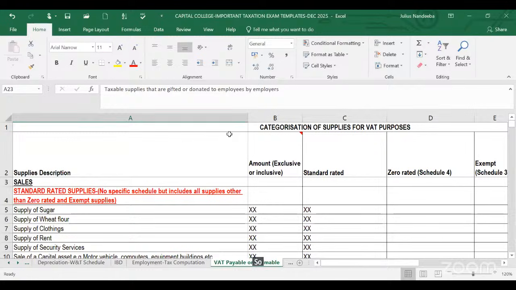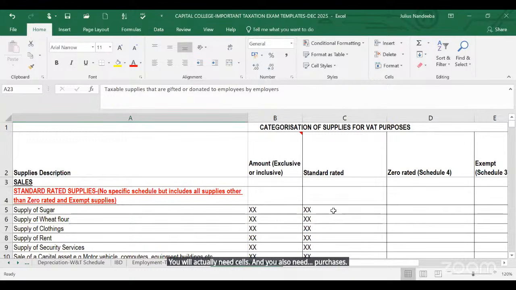So VAT, again, it is cutting across both paper 17 and paper 11. Now for VAT, you actually need 2 things. You will need sales, and you also need purchases.